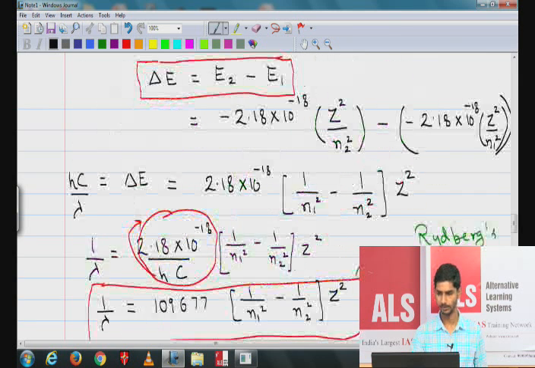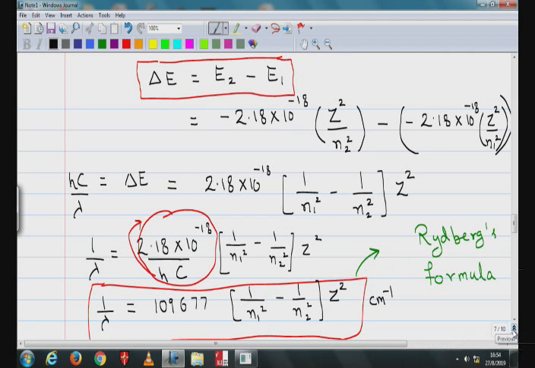See, you can write the unit over there. This one is centimeter inverse for right now. If you write 1.09 into 10 to the power 5, guys, you can do this one as well.